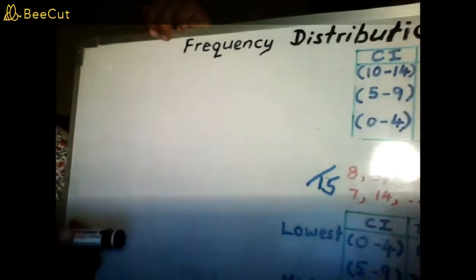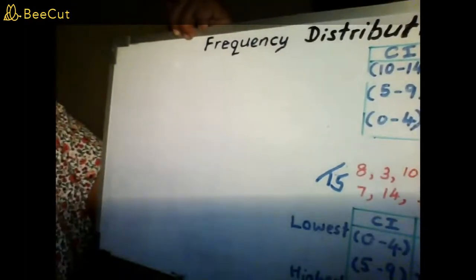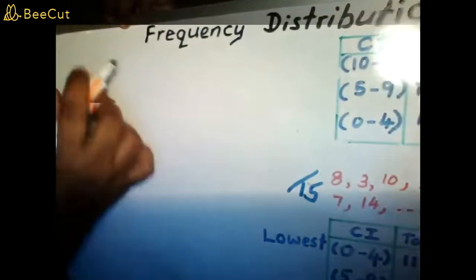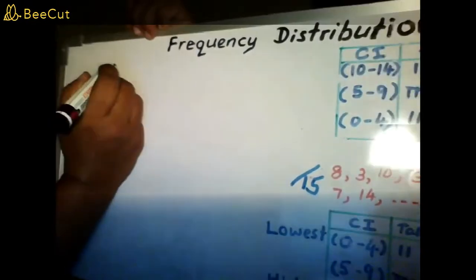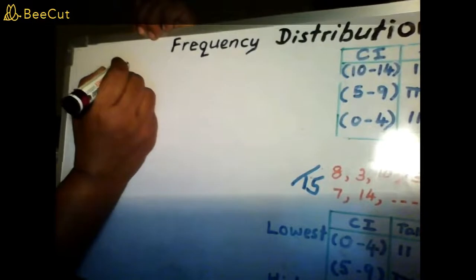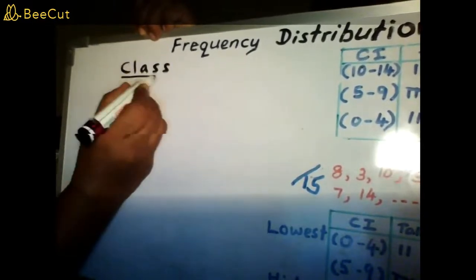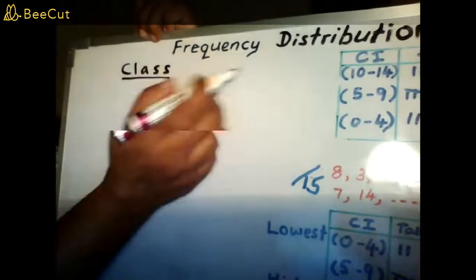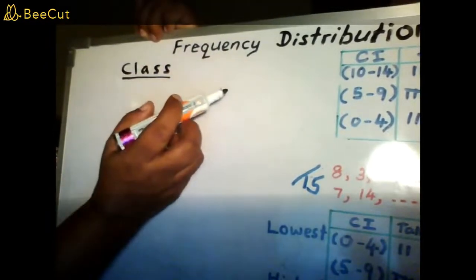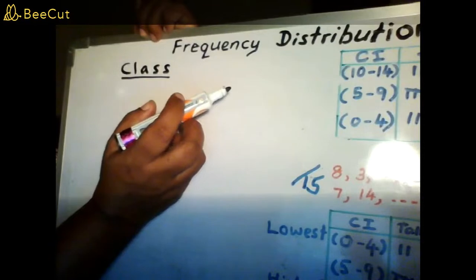Frequency distribution. The first one is class. A class is a group or a collection of observations.